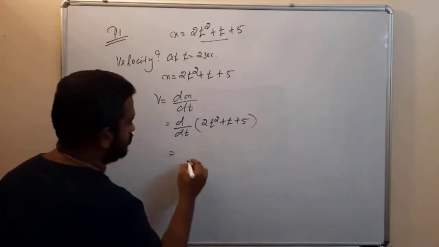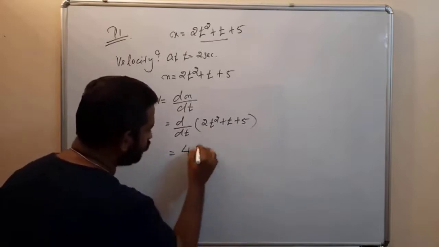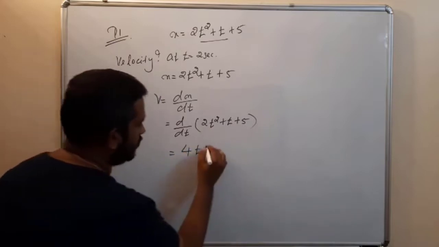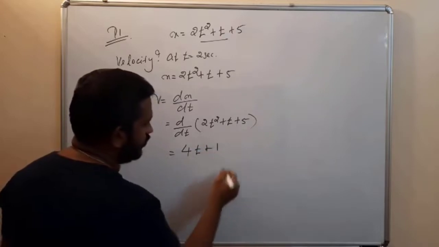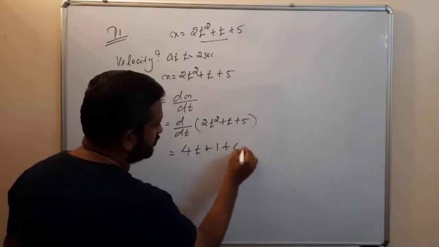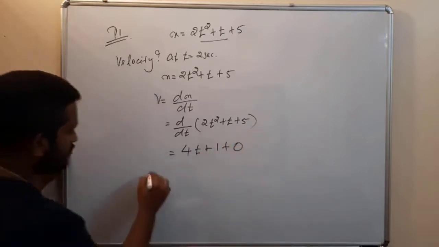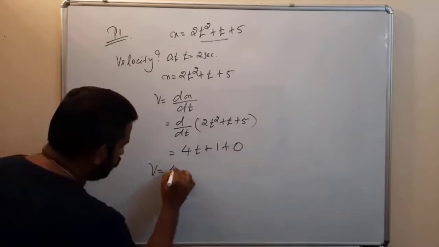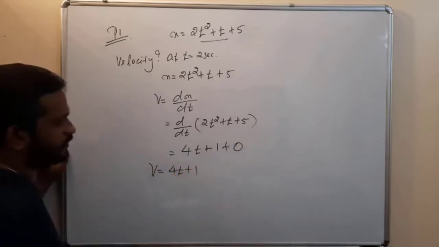Differentiation of 2t² is 4t, plus differentiation of t, that is 1, plus differentiation of a constant, that is 0. So v is equal to 4t + 1.